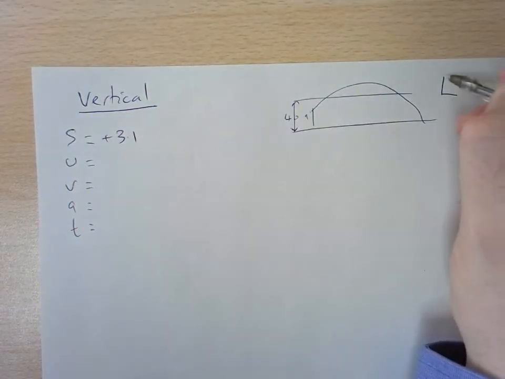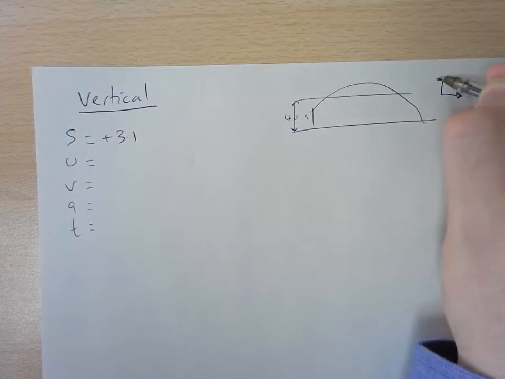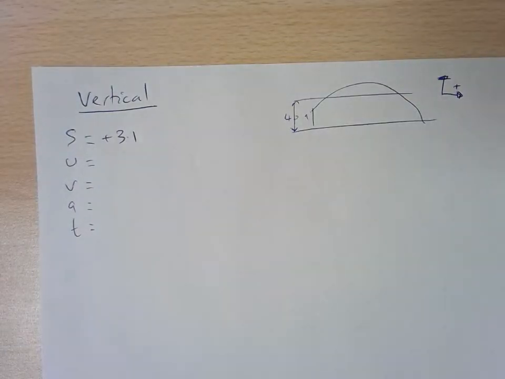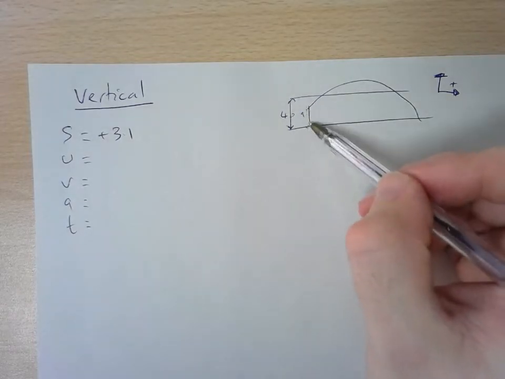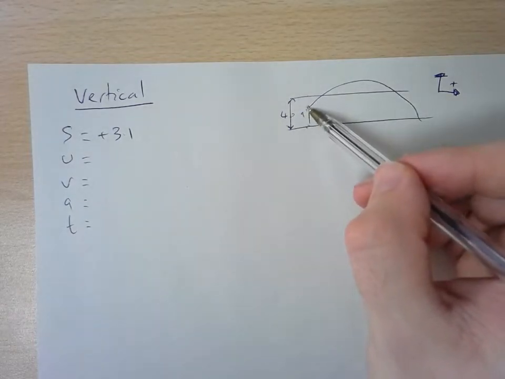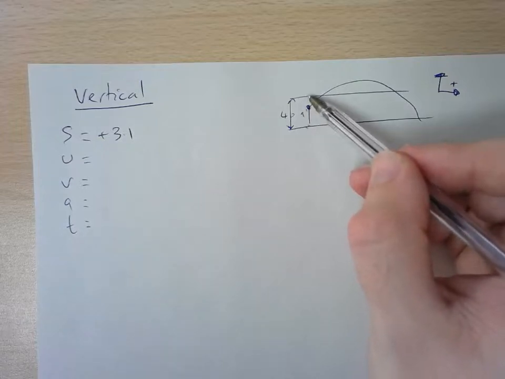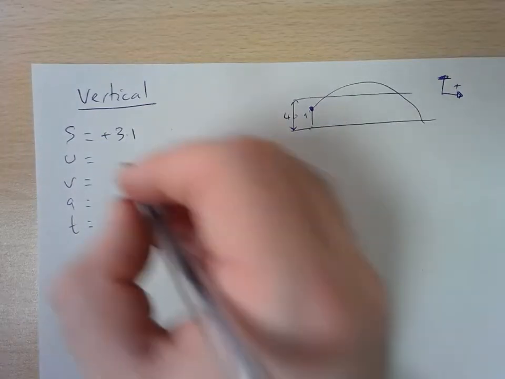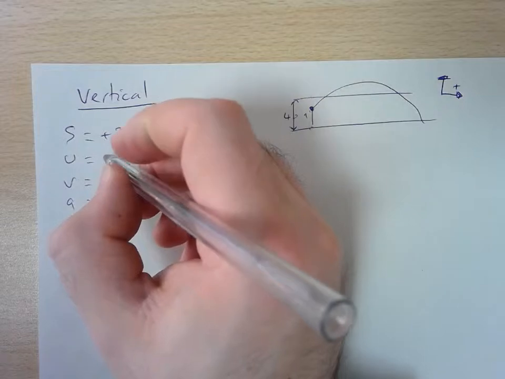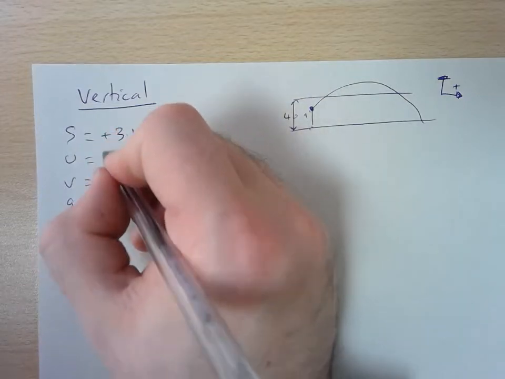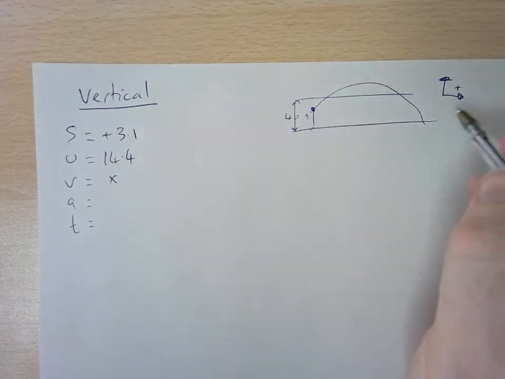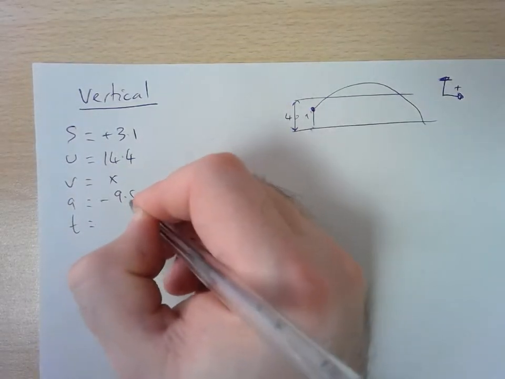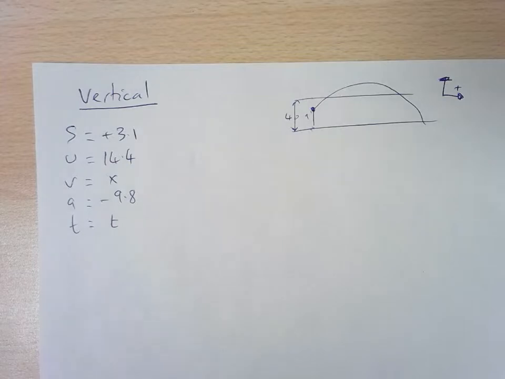I'm going to count upwards as positive. So we need to go up 3.1 meters because we're already at a height of 0.9 and we want time to start from this bit here. We only want to go up 3.1. So our initial speed in the vertical plane is q, which is 14.4. Our final speed isn't involved in this question at all. Our a is minus 9.8, and we're going to call our value here t.